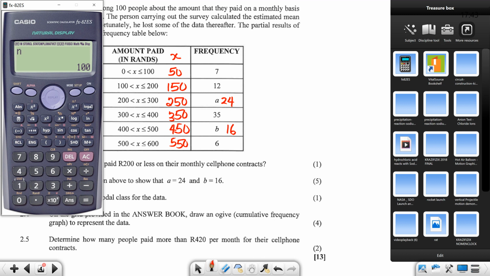The same way you would have gotten your mean. It's just for me to confirm that I have 100. The number of. Okay. So I do that just to make sure that I put all my data in correctly. I just check N. N is 100, and I know we have 100. It's just a little confirmation here and there.